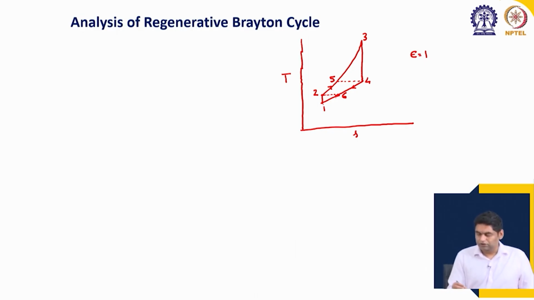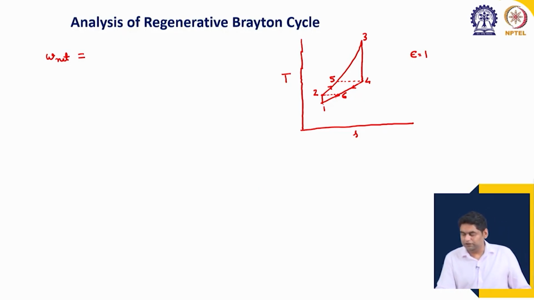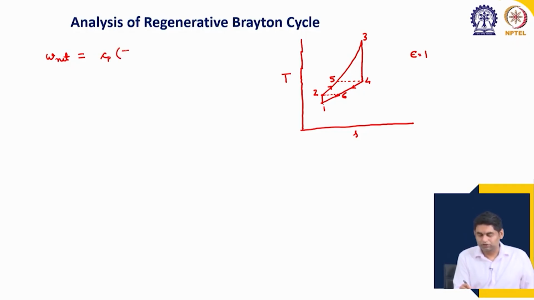So, now what is the net work output? How will it change from the simple Brayton cycle? Will it change? Net work output is Cp (T3 minus T4), which is the turbine work output, minus the compressor work input, Cp (T2 minus T1).